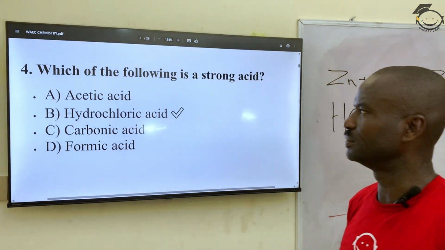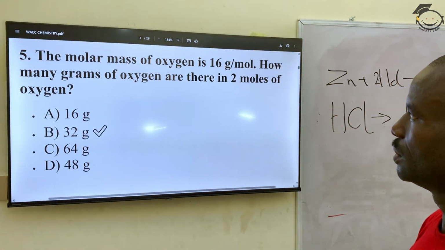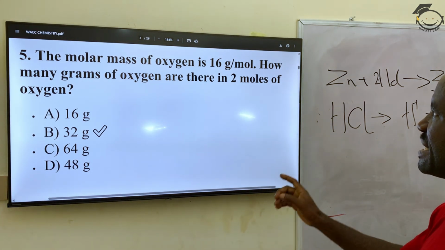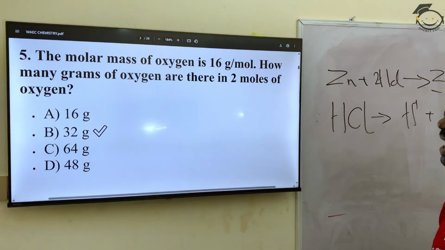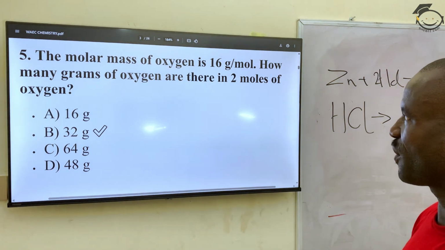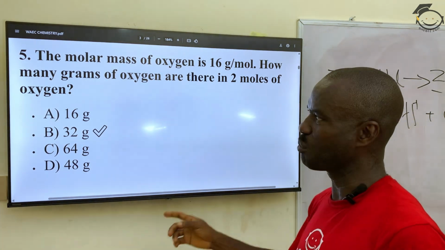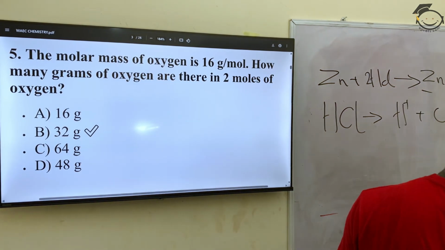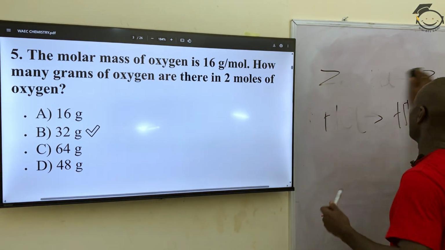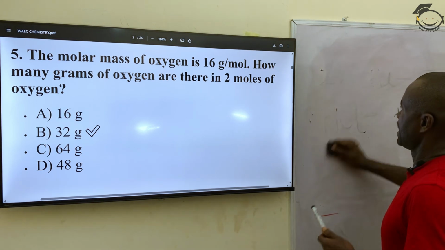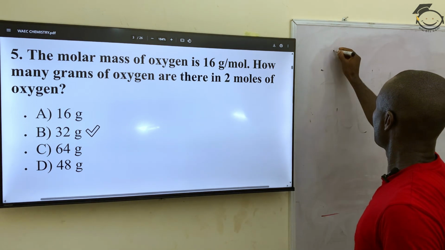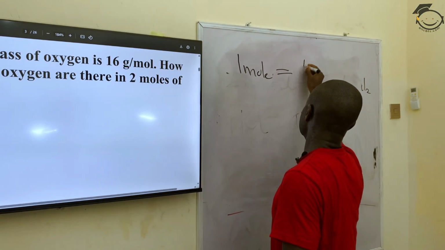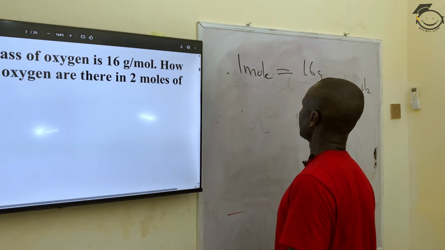Question 5. The molar mass of oxygen is 16 grams per mole. How many grams of oxygen are there in 2 moles? From the question, we're given the molar mass, that is, 1 mole of oxygen gives 16 grams.